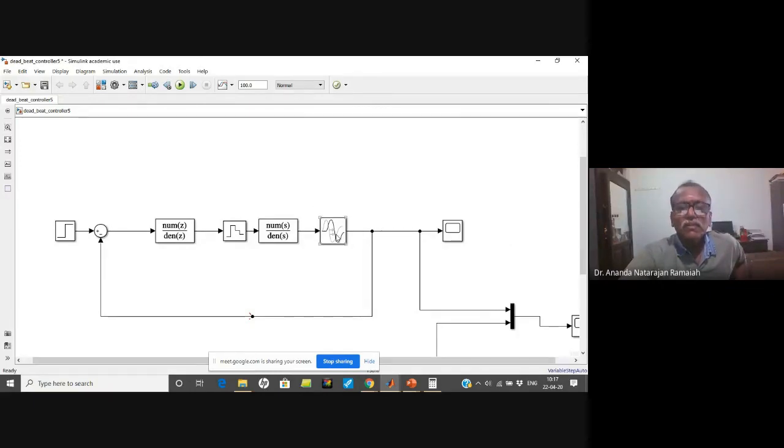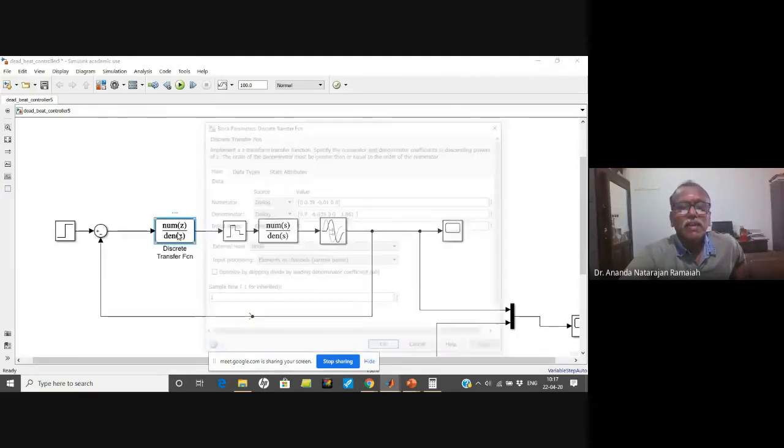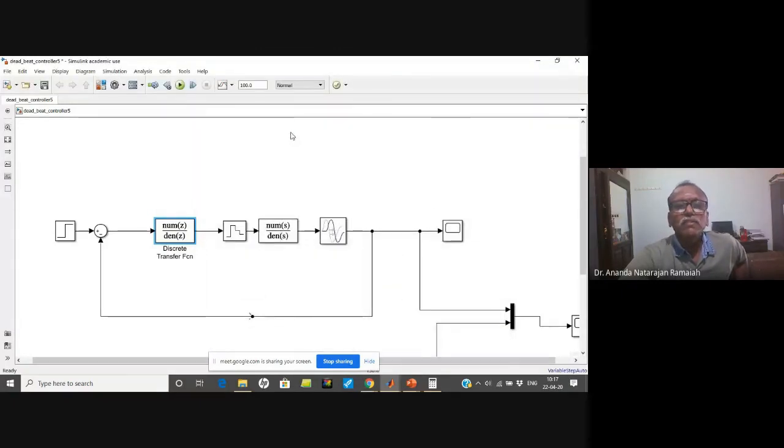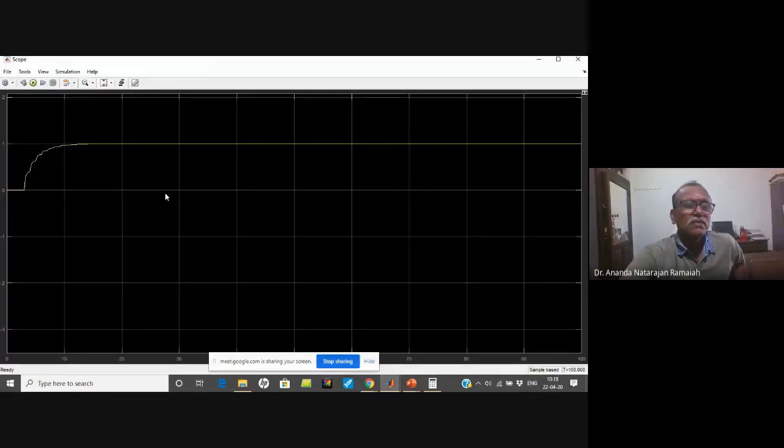This is the Dahlin's controller for that with mu equal to 2. If you design it, you will get the response like this. It is like dead time and first order response, like that you are getting the response.